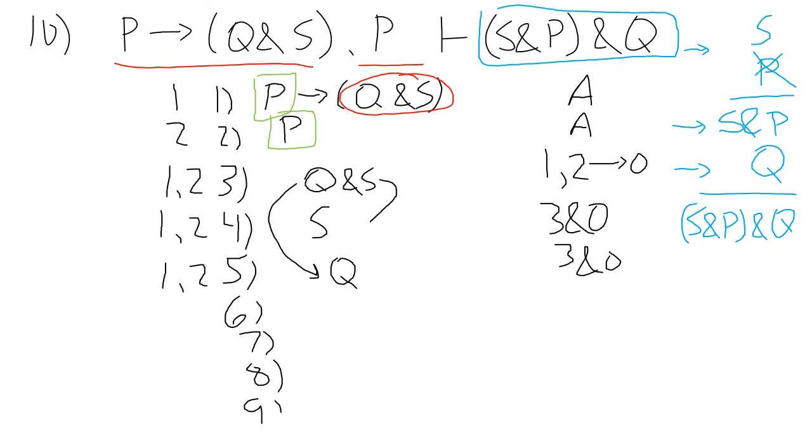And just so we're clear, you could have just as easily written Q, S. Doesn't matter the order in which you go. Could write S and Q, could write Q and S. The justifications will be the exact same no matter what.